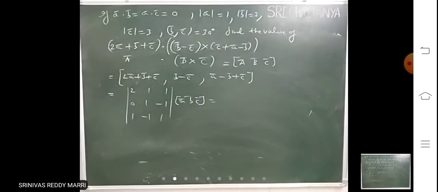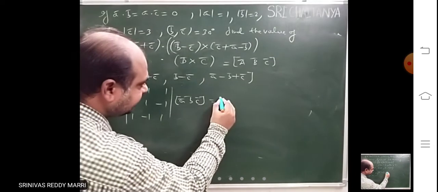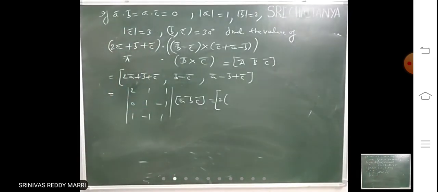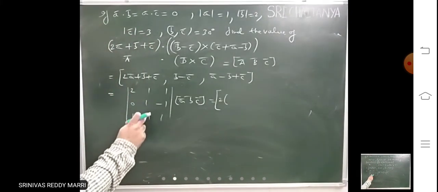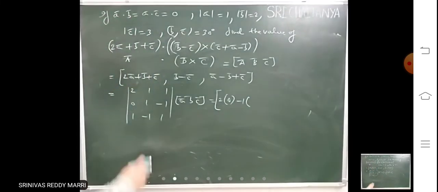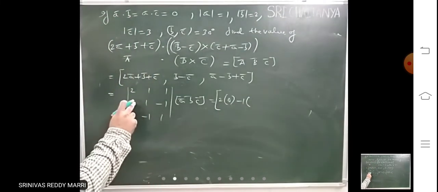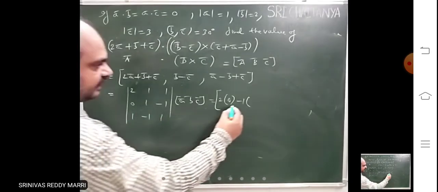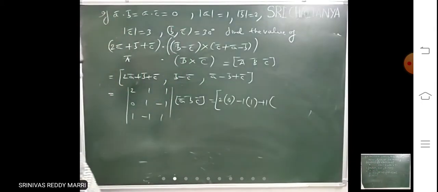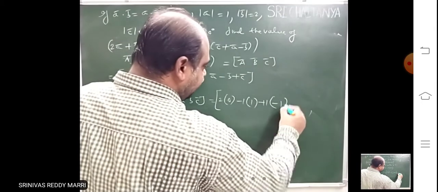Now calculate this determinant: 2 into 1 minus 1, 0, minus 1 into 0 plus 1, 1, plus 1 into 0 minus 1, minus 1.